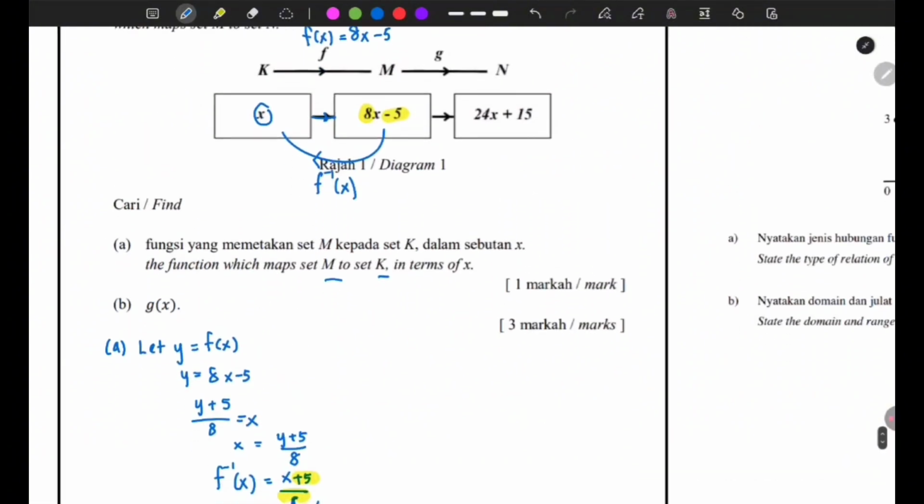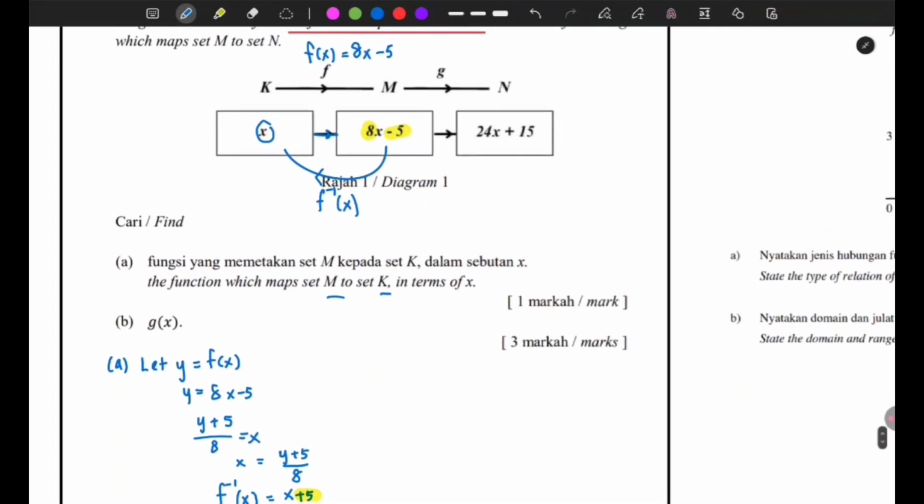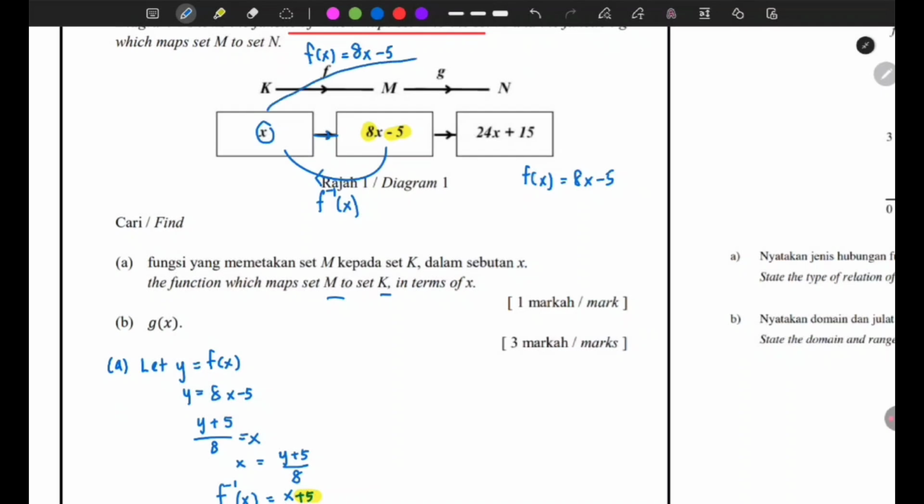Find the gx. Okay. You know your fx, which is 8x minus 5. And also one more thing. It's a composite function.